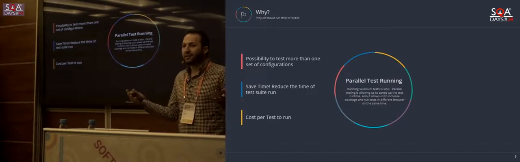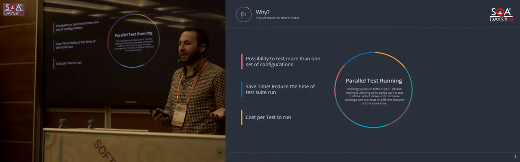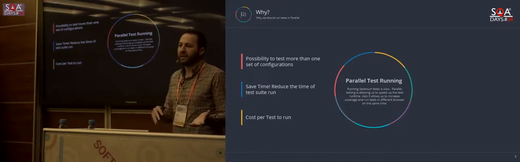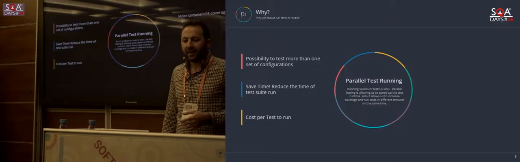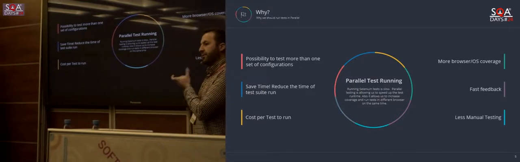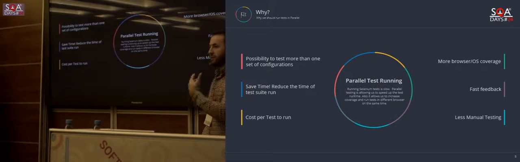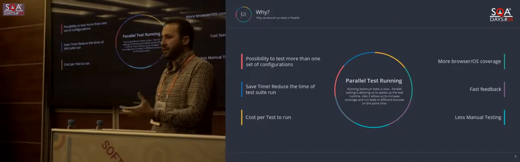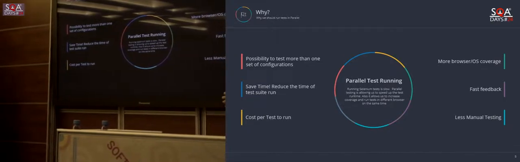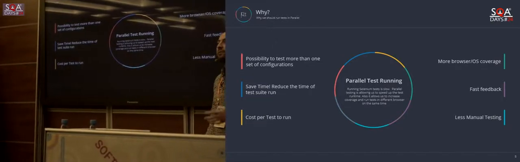And when we reduce the time, we are saving money. It's not exactly our money, it's company money, but if we save that, we'll get the benefits, I guess. This allows us to test different combinations of OS and browser, which gives us better coverage, and it gives us fast feedback, which is the most important thing for automation.